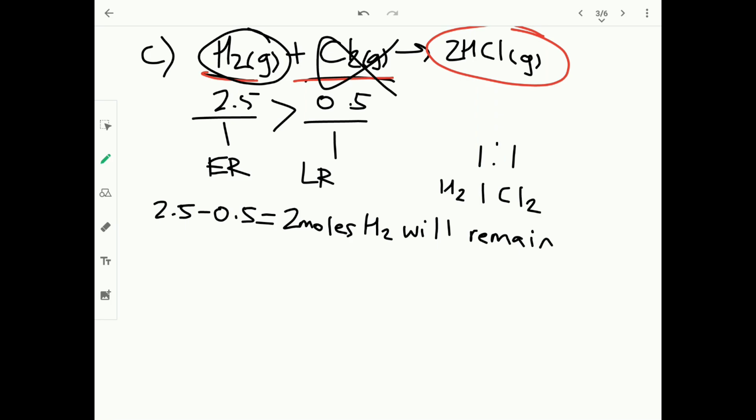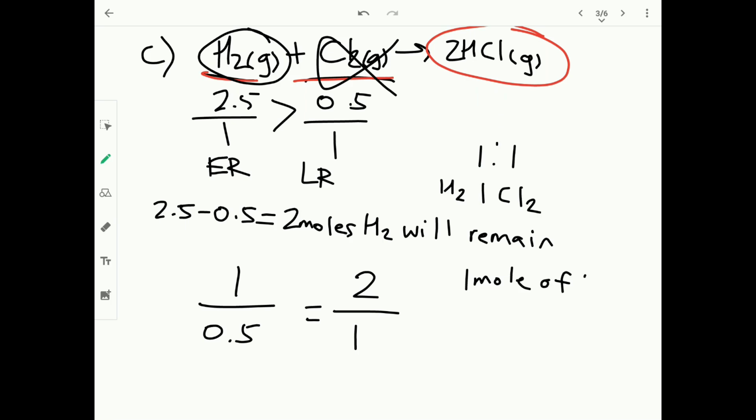Now if we use some easy stoichiometry, if 1 mole of Cl2 produces 2 moles of HCl, how many moles will 0.5 moles produce? 1 mole. So we have 1 mole of HCl produced. And since argon is unreactive, we have 0.5 moles of argon.